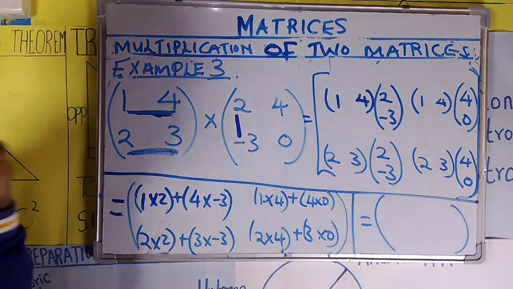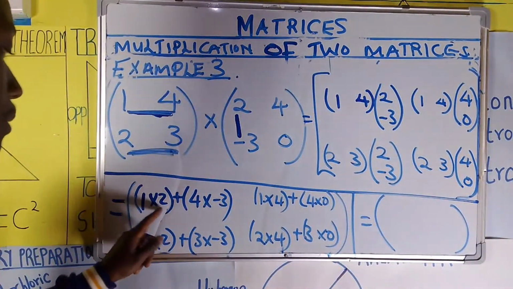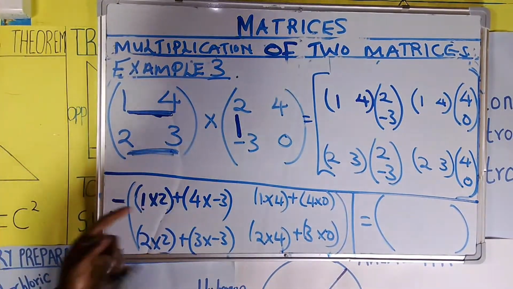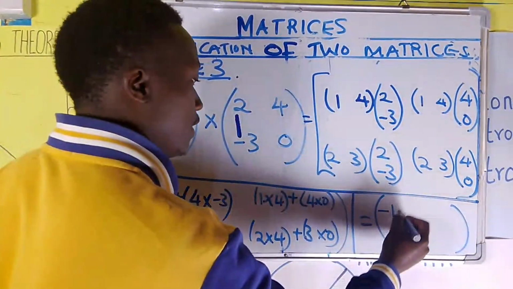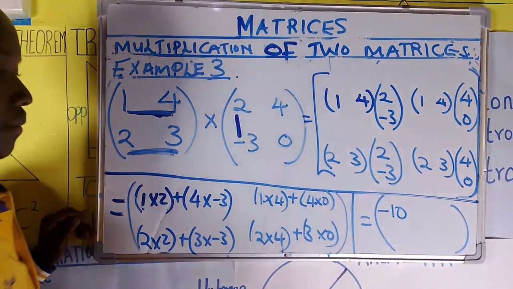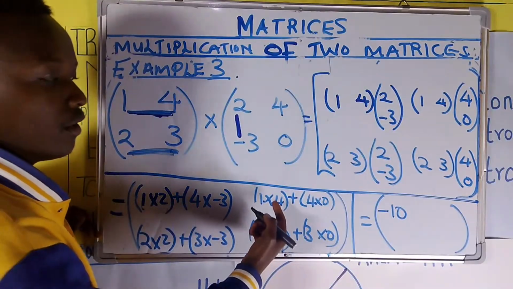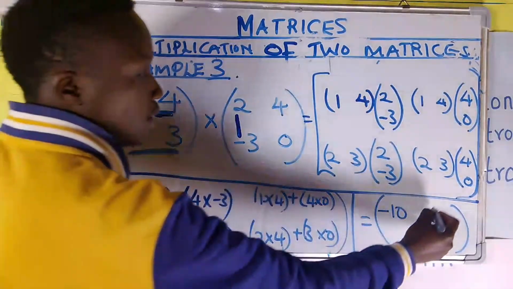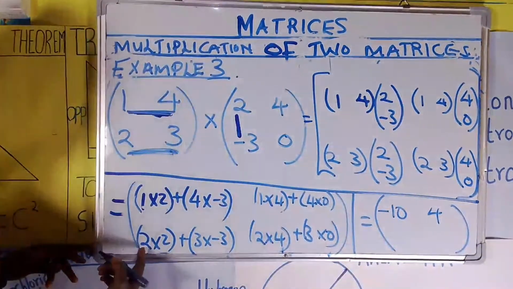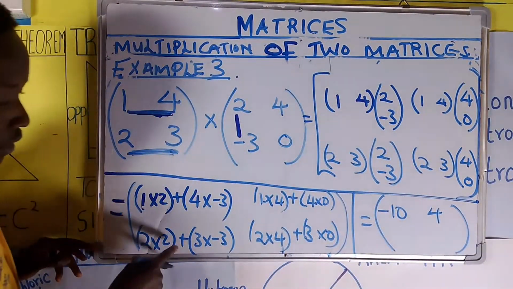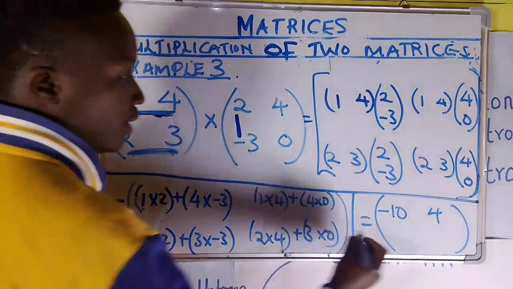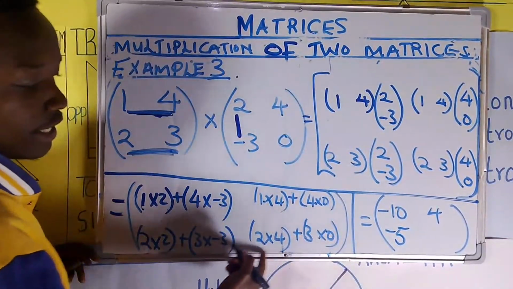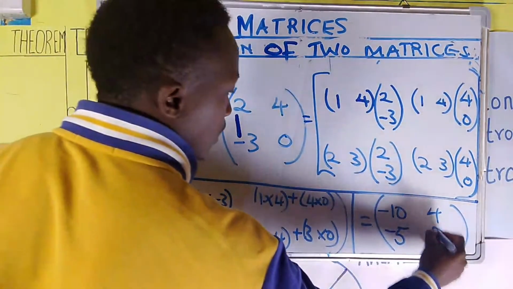1 times 2 is 2. 2 plus negative 12 gives us negative 10. 1 times 4 is 4. 4 times 0 is 0, so 4 plus 0 is 4. 2 times 2 is 4. 4 plus negative 9 is negative 5. 2 times 4 is 8. 8 plus 0 is 8.